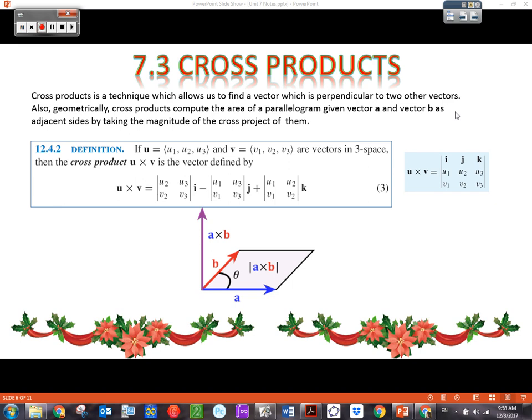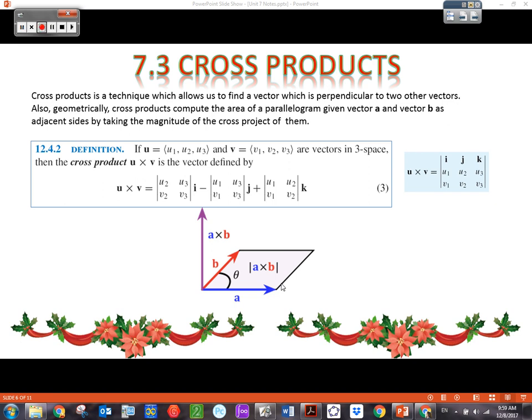The other use of cross products is a geometric concept. If we take the magnitude of the cross product, we basically get the area of this parallelogram. Envision with me, I have two vectors and they're tail to tail. If I were to extend these vectors out, it would make a parallelogram.